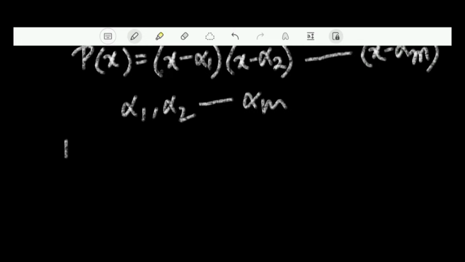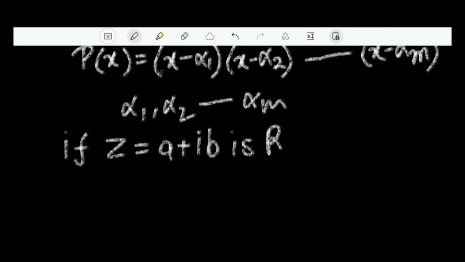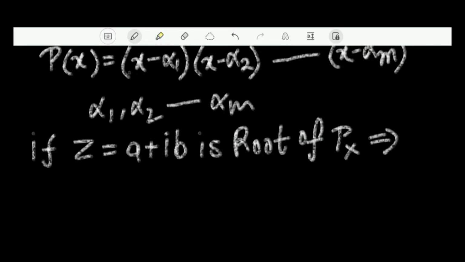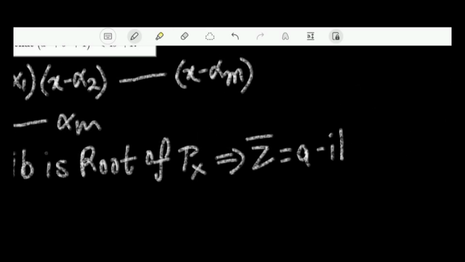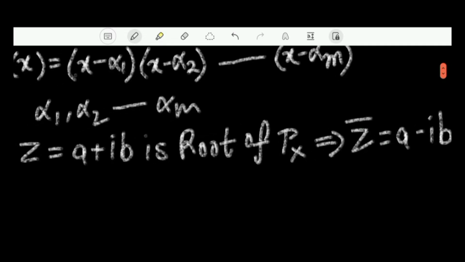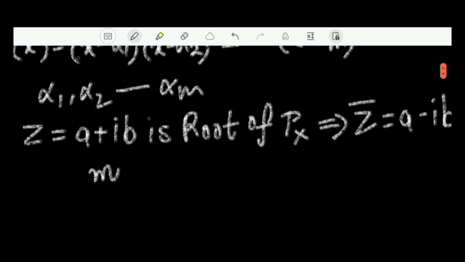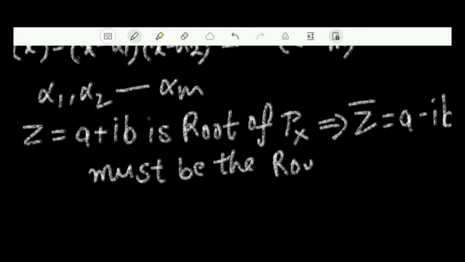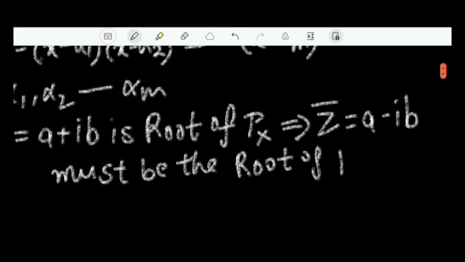But if z, in the form a + ib, is a root of the polynomial p of x, then it simply implies that z bar, the conjugate, which is defined as a − ib with the negative sign, must be a root of p.